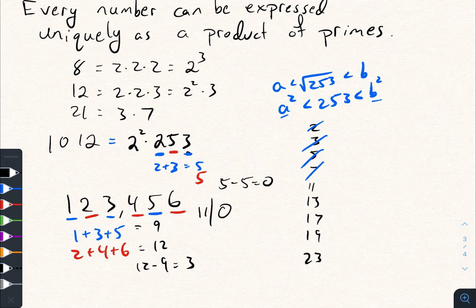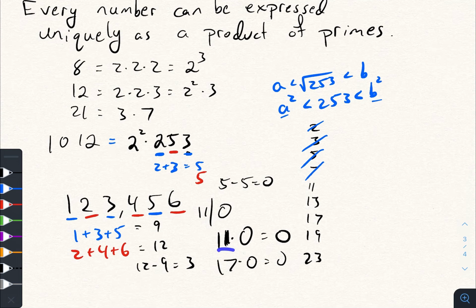Every number is a factor of 0 because you can always write 0 as a multiple of any whole number, right? 11 times 0 is equal to 0. 17 times 0 is equal to 0.